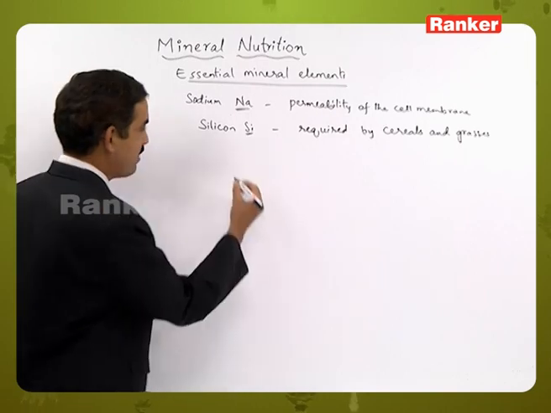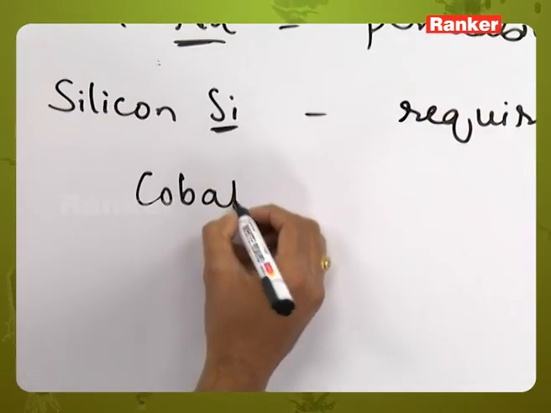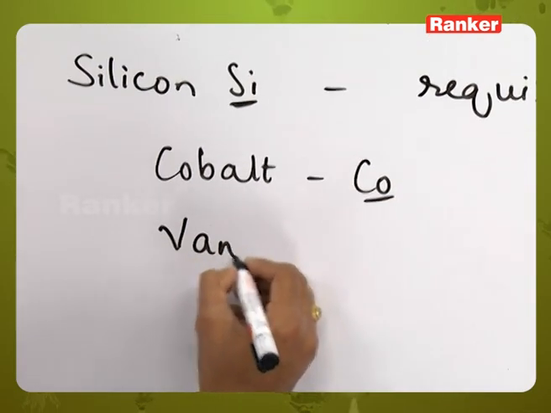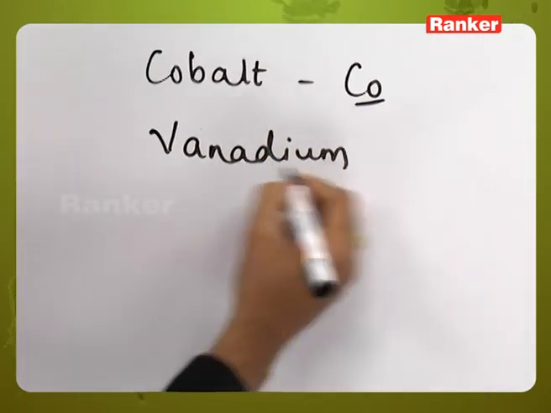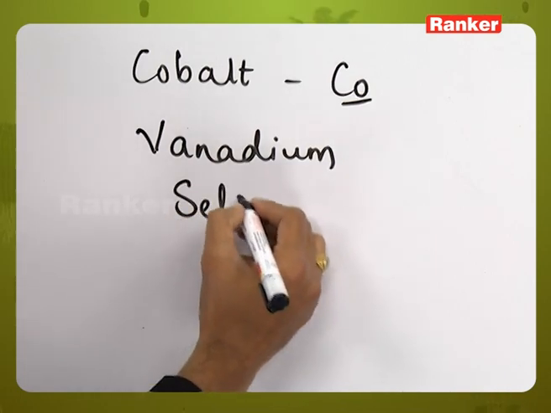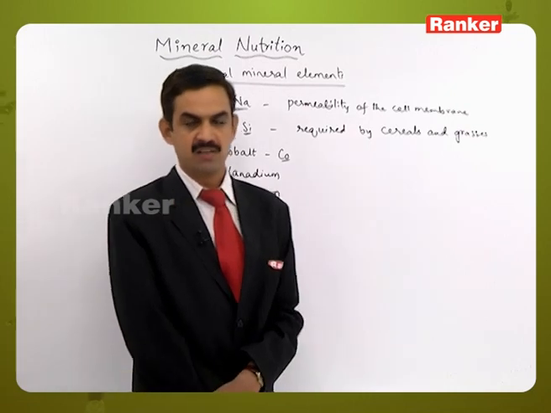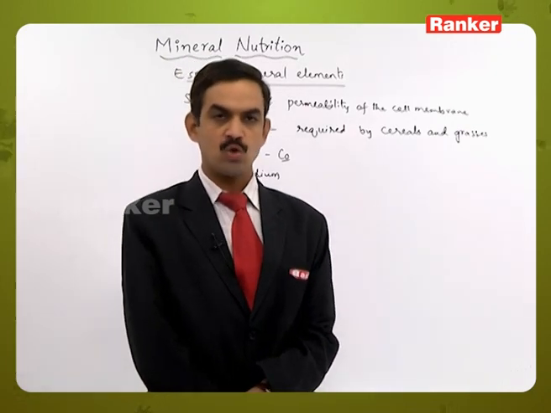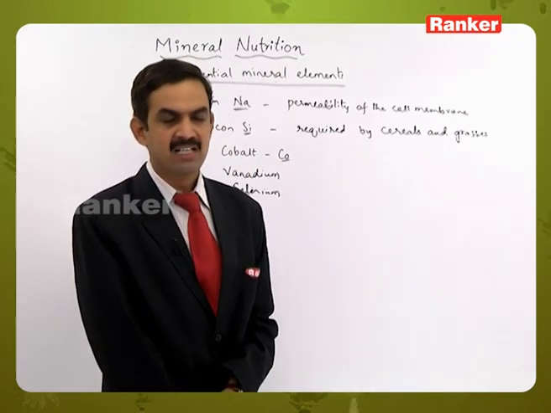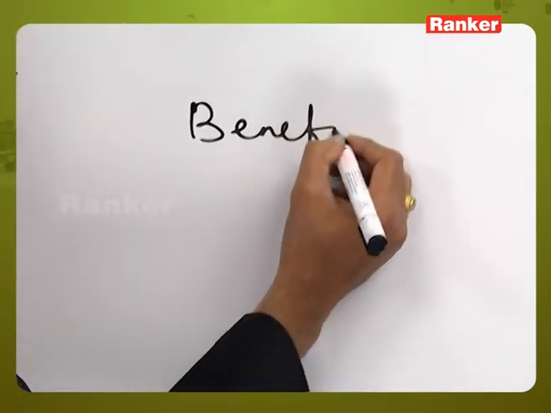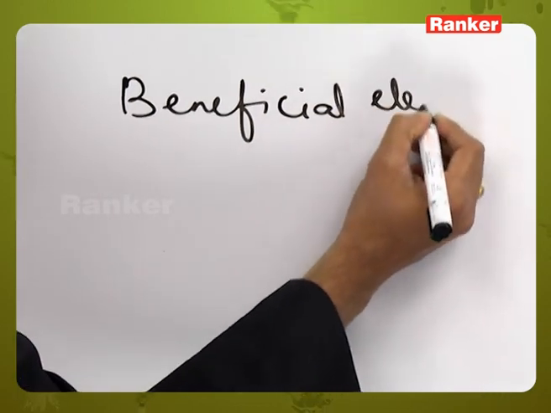Likewise, there are some other elements like cobalt, represented as Co, and vanadium, selenium. So different types of elements are required for the plant but do not satisfy the criteria of essentiality. We call this type of elements beneficial elements.